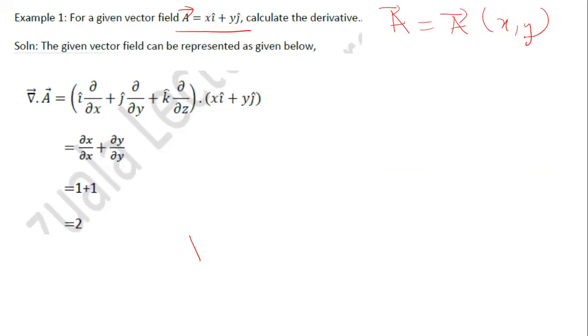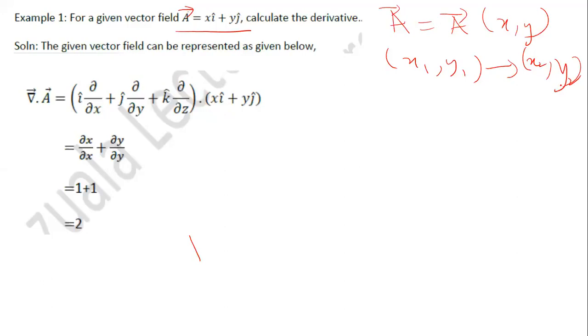That means if you move in this space of coordinates, from one set of values of x and y to another set of values of x and y, then this quantity will change.